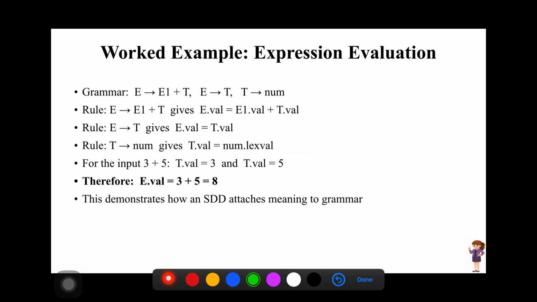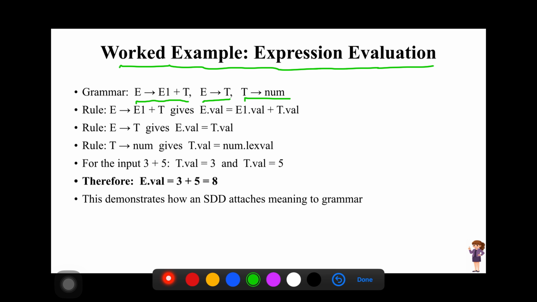Worked example, expression evaluation. Now let's take a complete example of an SDD. Suppose we have this grammar: E produces E1 plus T, E produces T, T produces num.